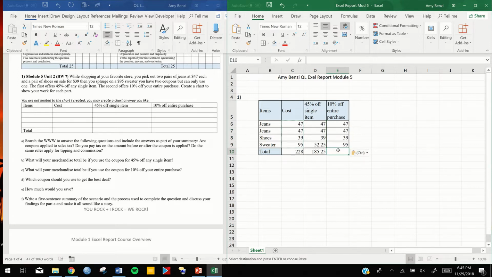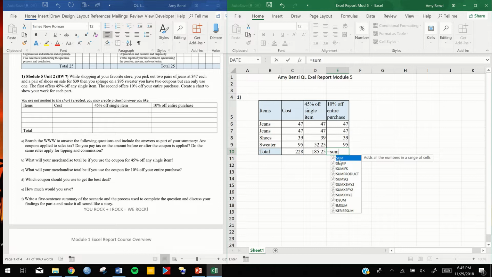But I have another thing I can do here. Now I have the situation that I can just put an equal sign because the total is the same, right? I'm trying to subtract 10% from this entire total.